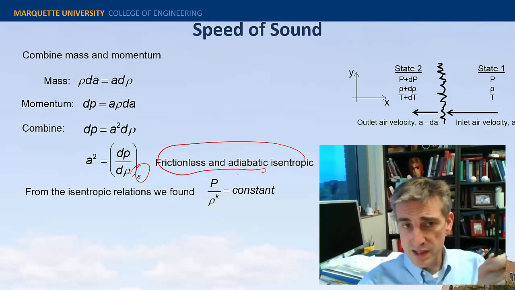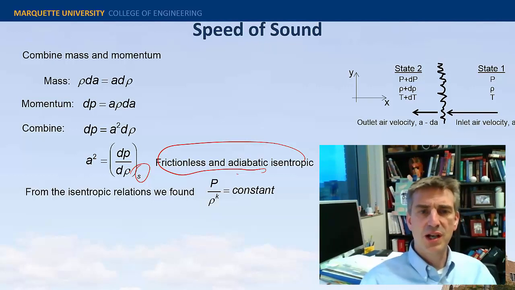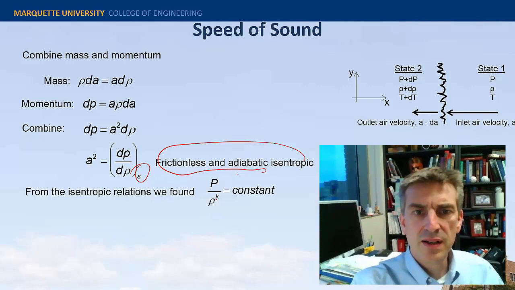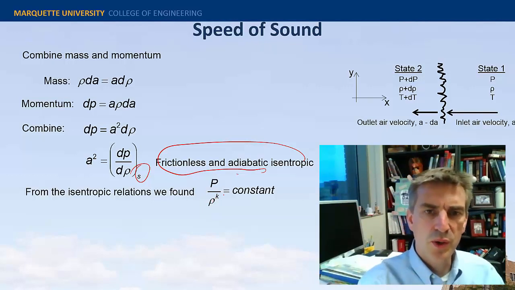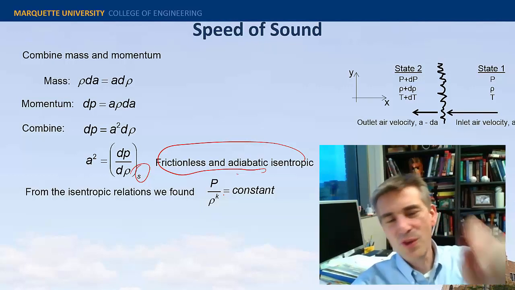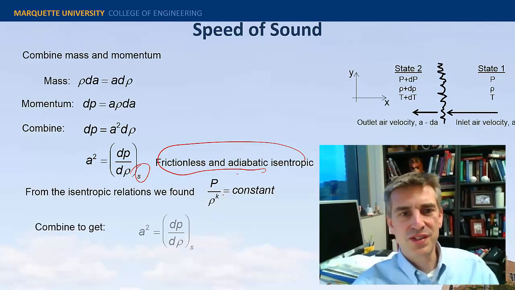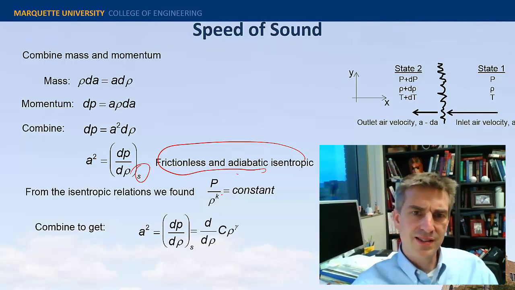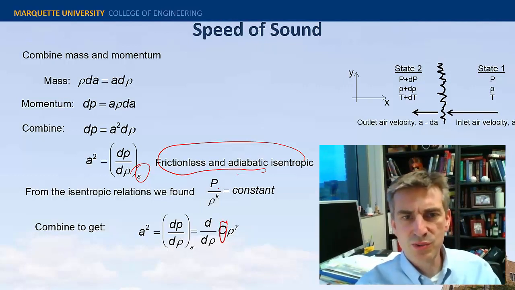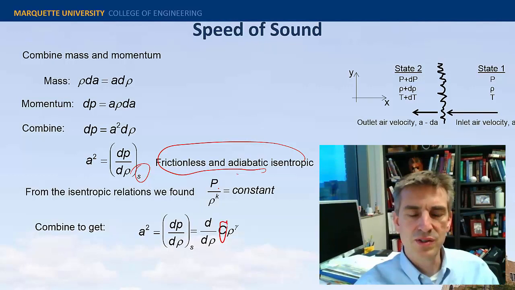Now, previously, we just had this isentropic relationship for P over rho to the K is equal to a constant. So that's perfect. That's what we need. We'll put that in there, and we'll take the derivative of that. There it is, some constant times rho to the, look at that, I switched from K to gamma for no good reason.